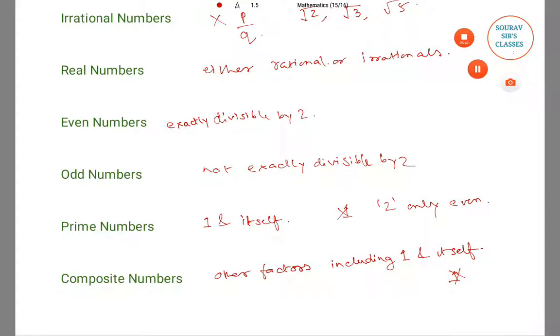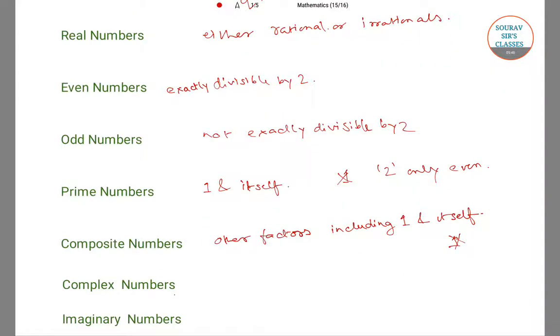Next is complex number. Complex number is a number that can be expressed in the form of a plus bi, where a and b are real numbers and i is the root of the equation x square is equal to minus 1.